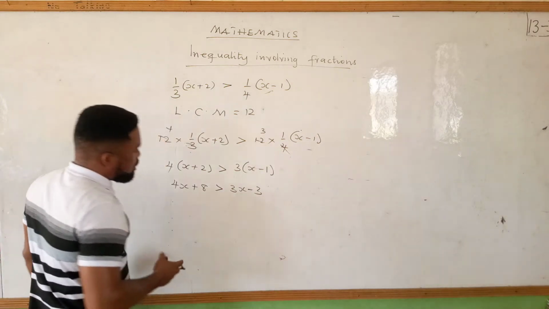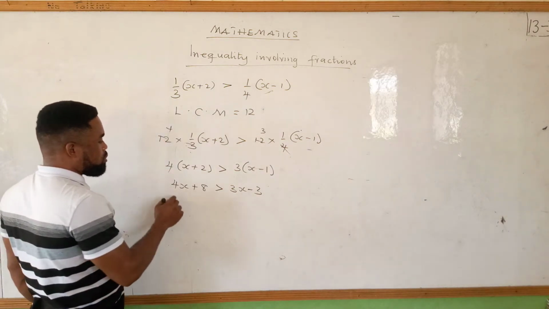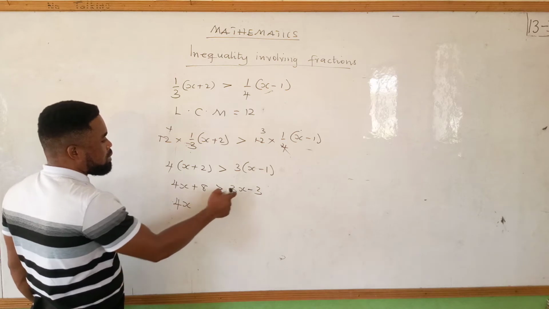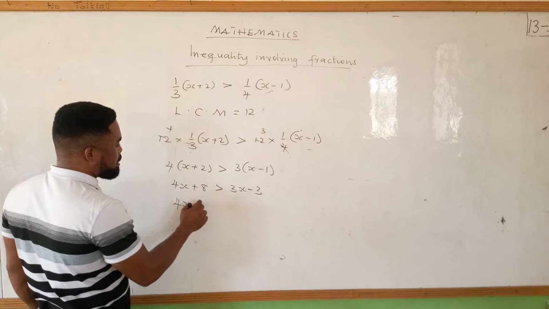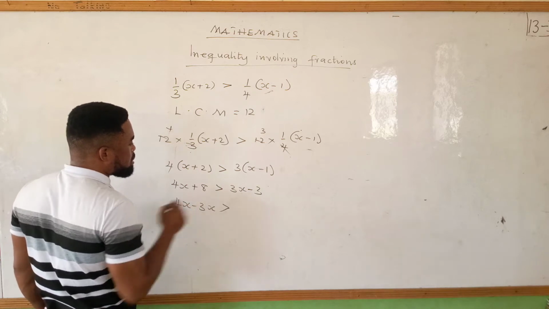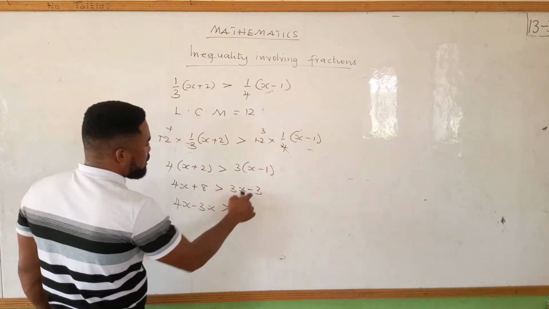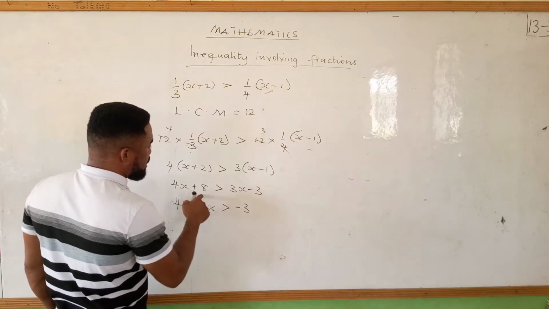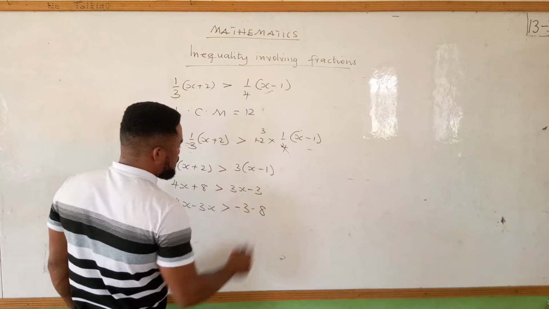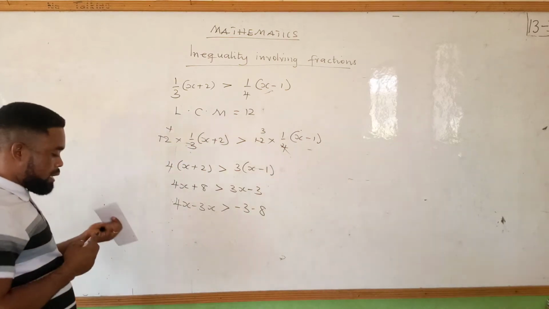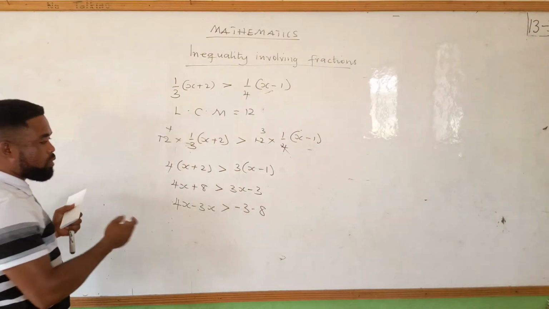So, now let's collect our like terms. We shall maintain 4x here. Then we subtract 3x from both sides. So it will be minus 3x. Greater than, we maintain our negative 3, then this is positive 8, so it should also give us negative 8. That is, we subtract 8 from both sides.